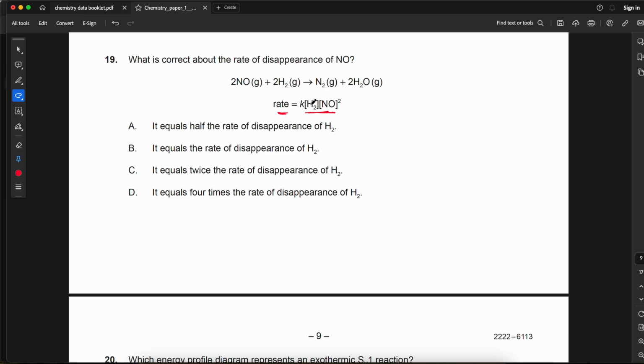But through the equation here, every 2 moles of NO consumed, 2 moles of H2 are also consumed. Thus, the rate of disappearance of H2 will be directly proportional to the rate of disappearance of NO. So it equals the rate of disappearance of H2.